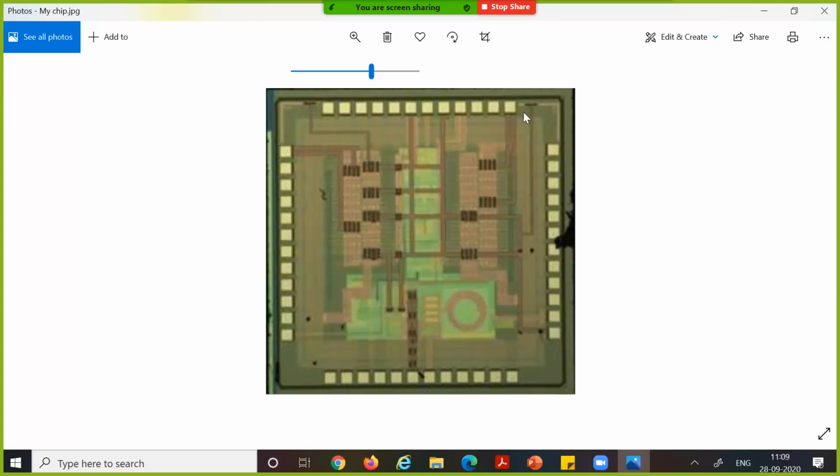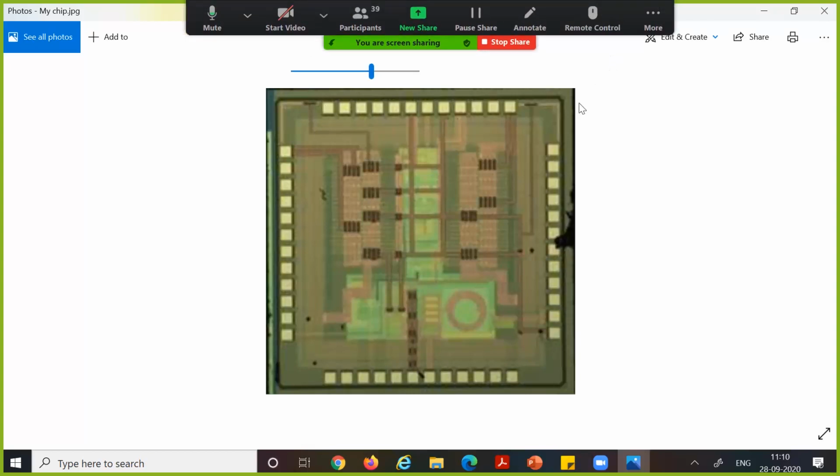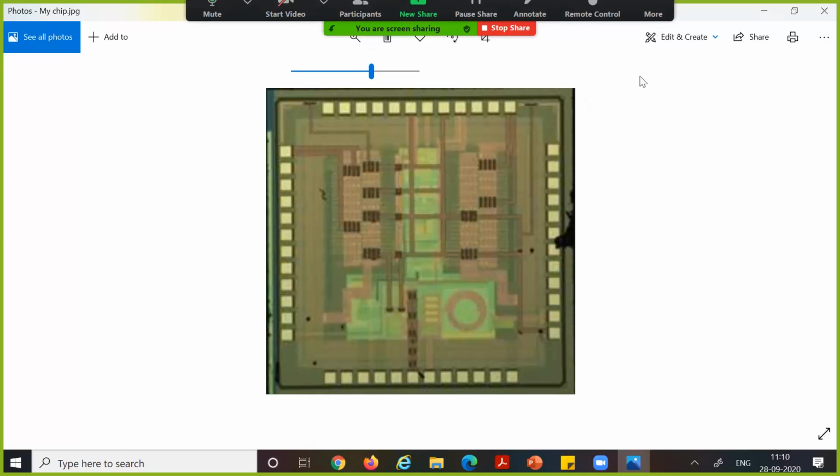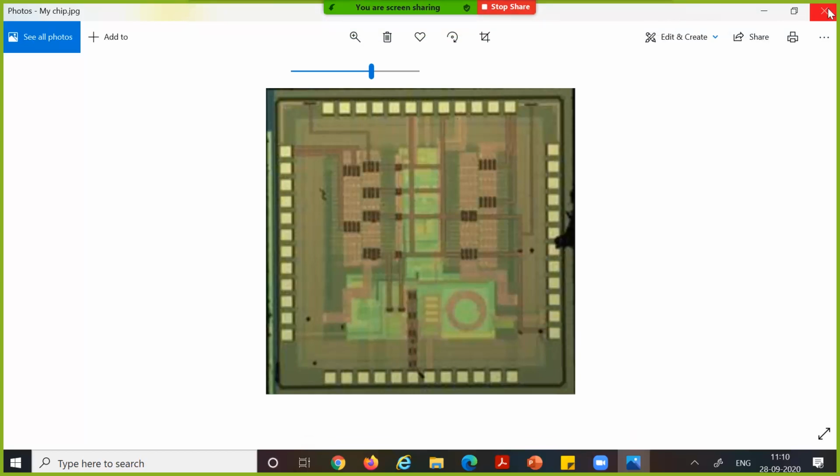This was packaged in a QFN 48 pin package, so there are basically 12 pins on each side. Each of these IO pads will get connected to a bond pad using a bond wire. All right, so this is how our chip industry works.